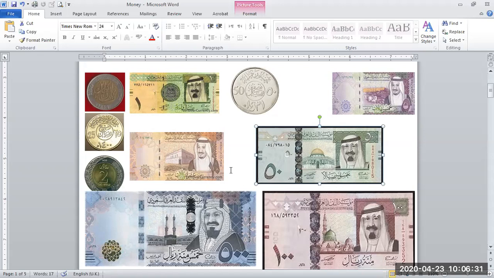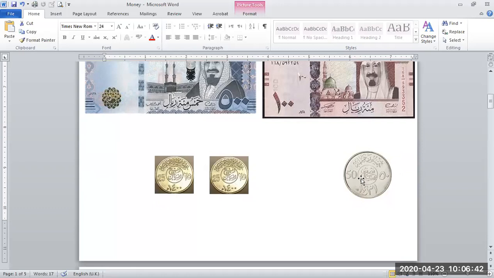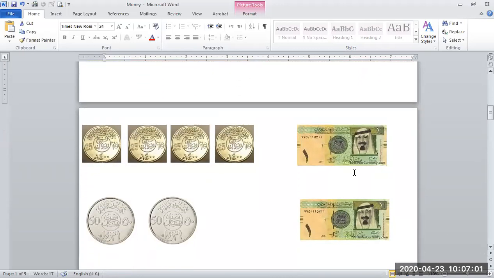We use this basic money, and then we make some equivalents, one money equivalent to another. For example, this is 50 halala, and this is 25 halala. When we use these two coins, it is equal to 50 halala. Now this is 1 riyal, and when we use these four coins of 25 halala, it is equal to 1 riyal.